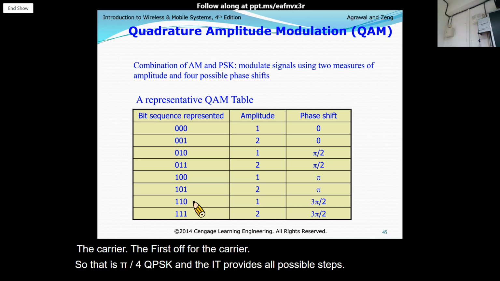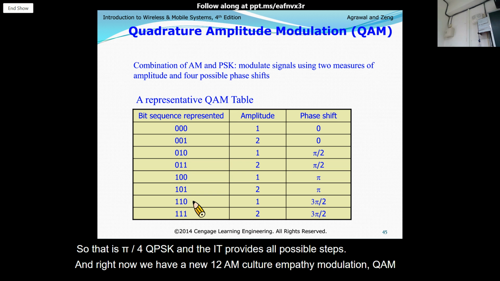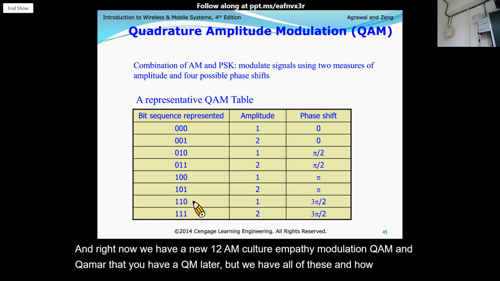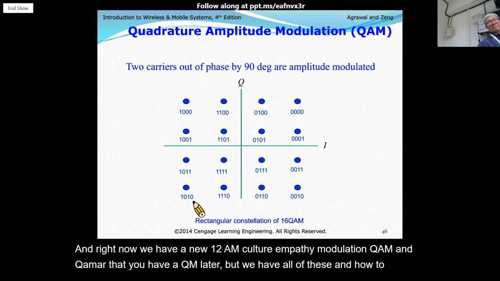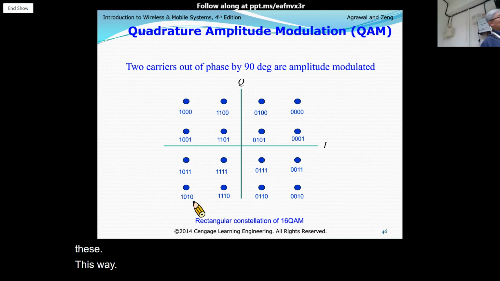And right now we have the new one, QAM, quadrature amplitude modulation. And QAM we will cover later, but we have all of these. And how many?